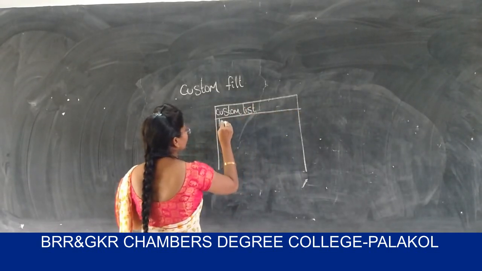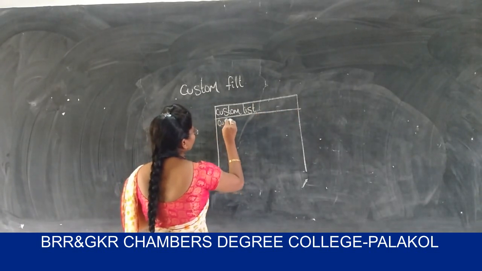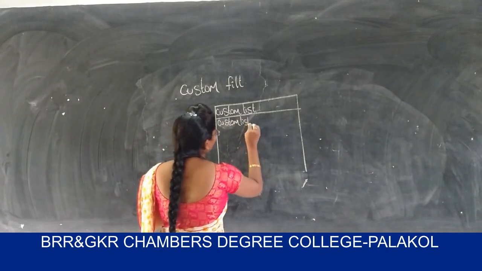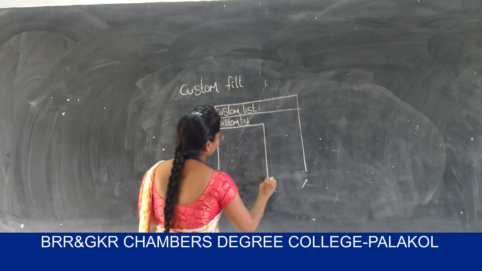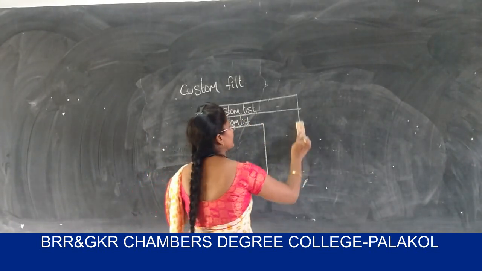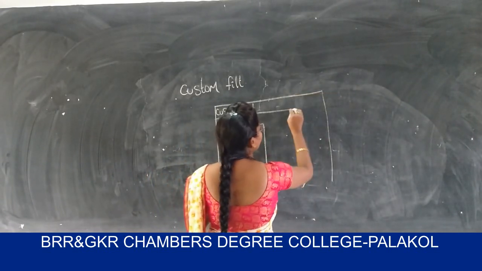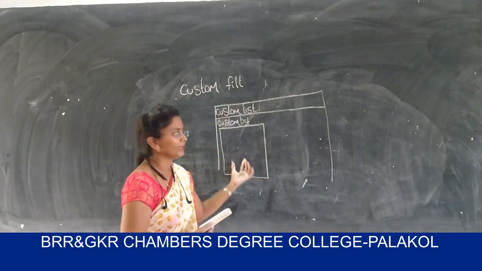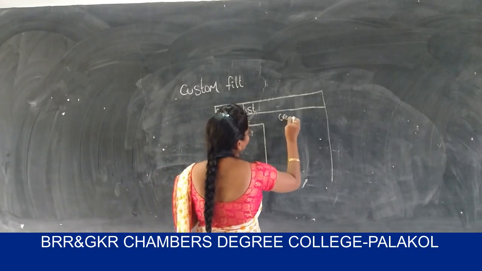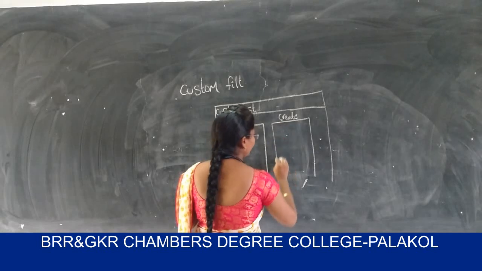In this custom list over here, whatever the created custom lists are there, those custom lists will be appeared at the left side. If you want to create one, you have to go for the right side option.